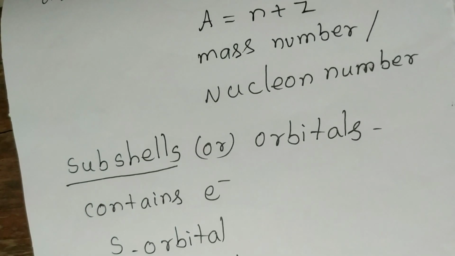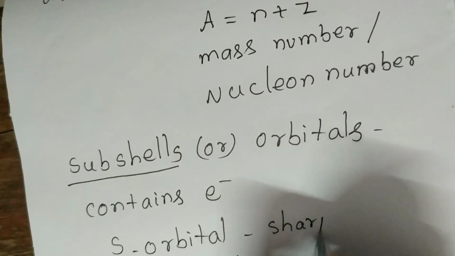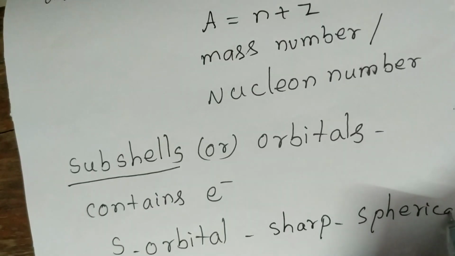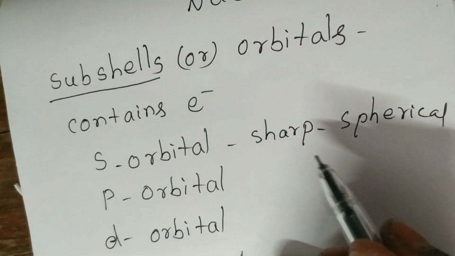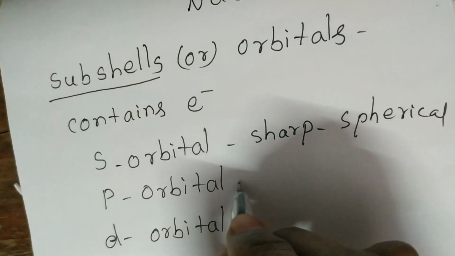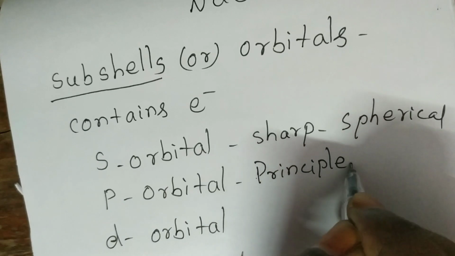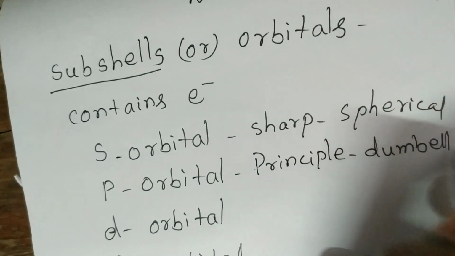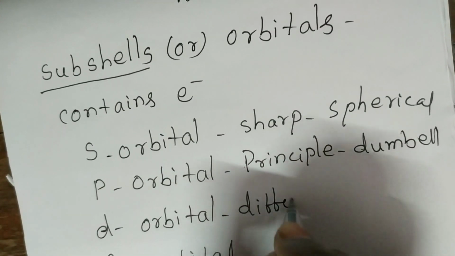We can say s orbital is sharp, and it is spherical in shape. P orbital is principal, and the p orbital is dumbbell in shape. And d orbital we can say is diffuse.